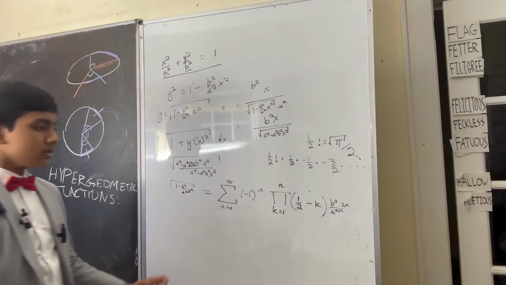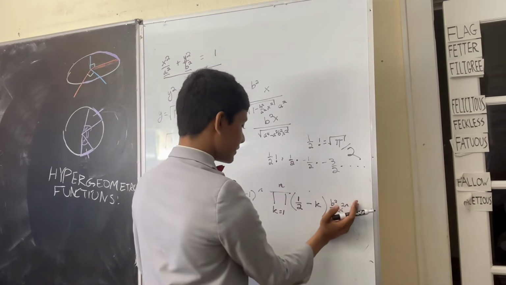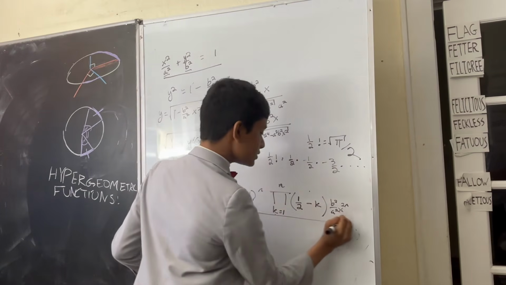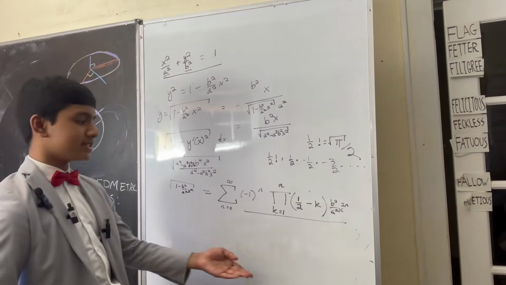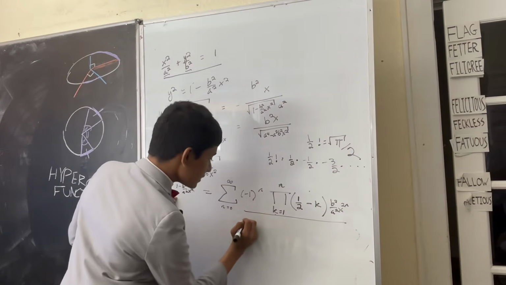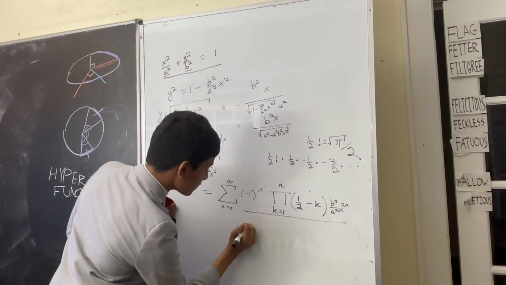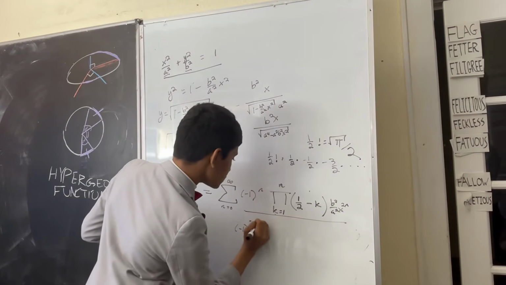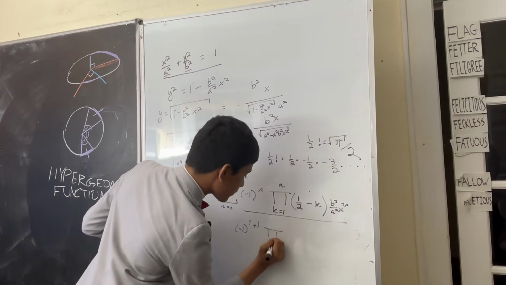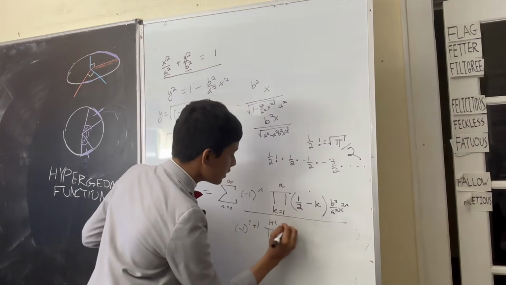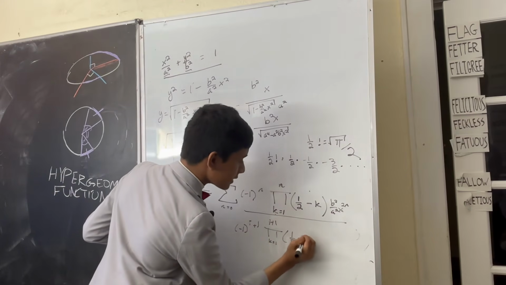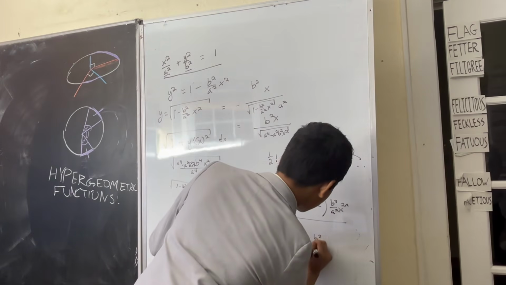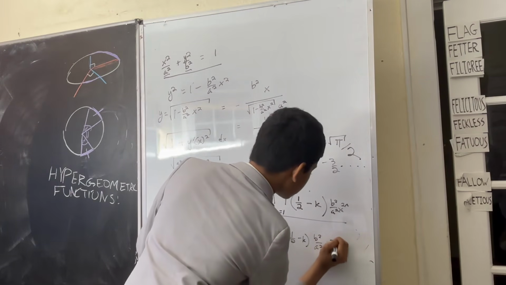So, because of the way this works, what's the ratio between two of these consecutive terms? It's going to be minus 1 to the i plus 1, the product from k equals 1 to i plus 1 of 1/2 minus k multiplied by b squared over a squared x to the 2i plus 2.